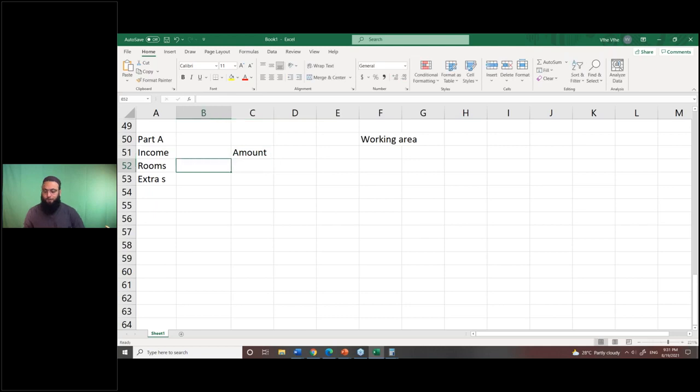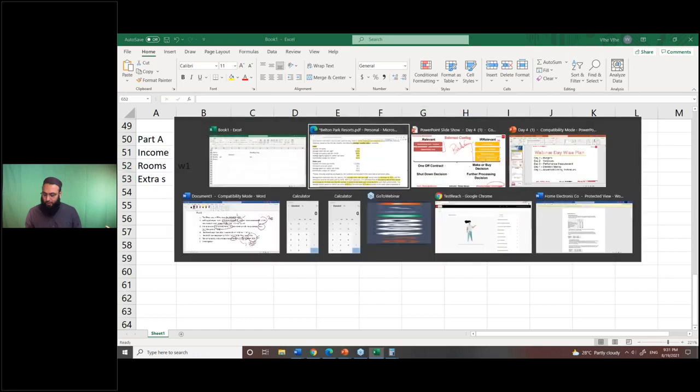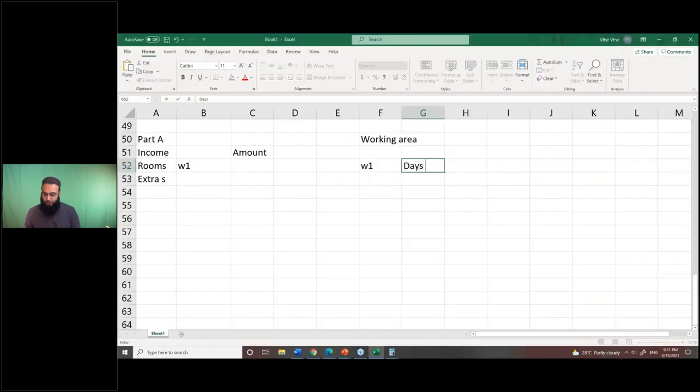So the first thing is working one, and here I'm doing working one. Let's first of all look at the days available. I'm showing you a detailed working just for your ease, but you can just write everything in one cell through one formula. That's acceptable. So 31 days you have.